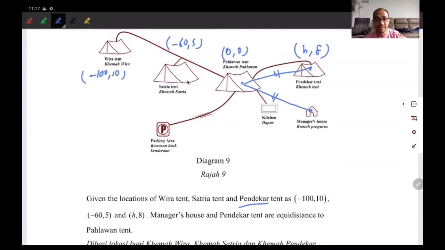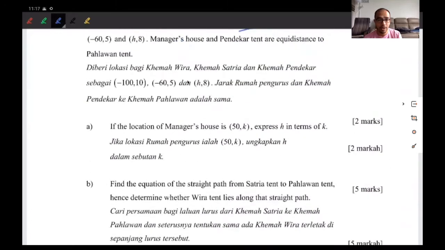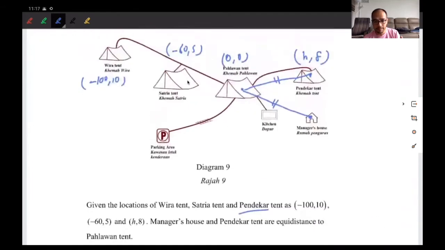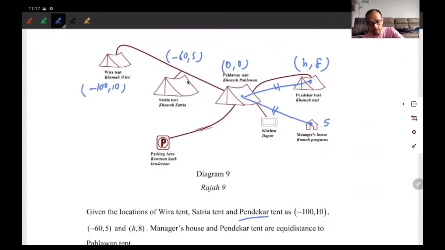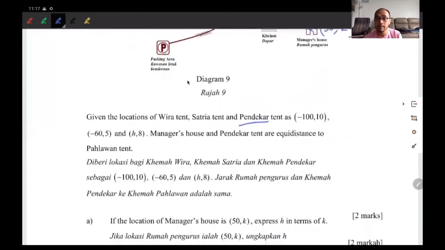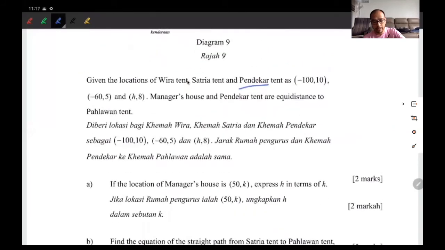Now, if the location of the manager's house is 50 and K, express H in terms of K. Let's come back to this. Express H means H equals to something, and in it must have K. Since we're talking about equidistance, we're talking about the distance between 2 points.